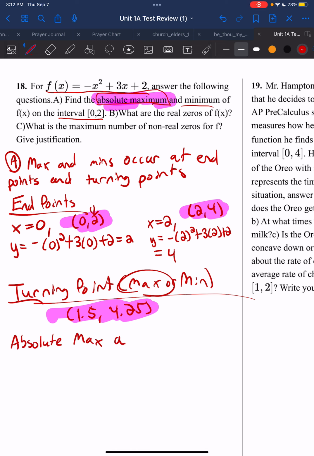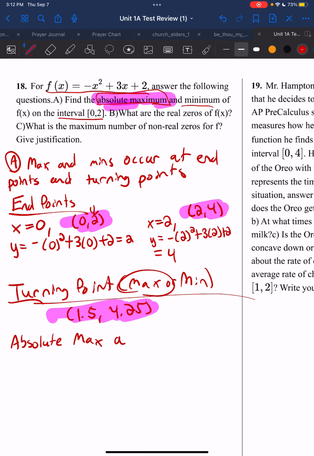And notice, you're like, Mr. Hampton, if you look at the graph, it goes down forever. Well, it's talking about the absolute max and min on the interval 0 to 2. That's why it's different.